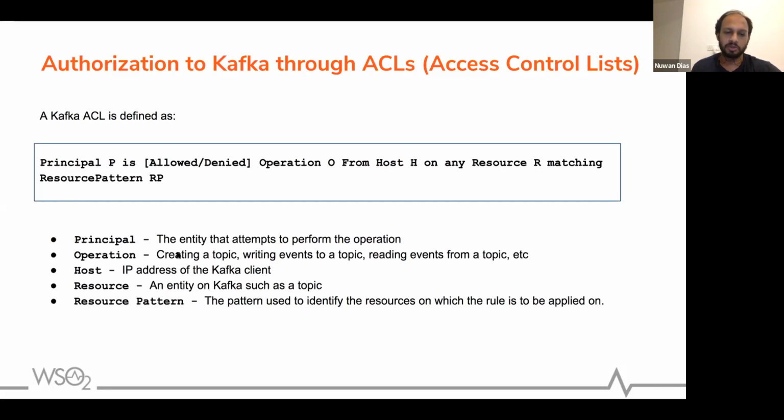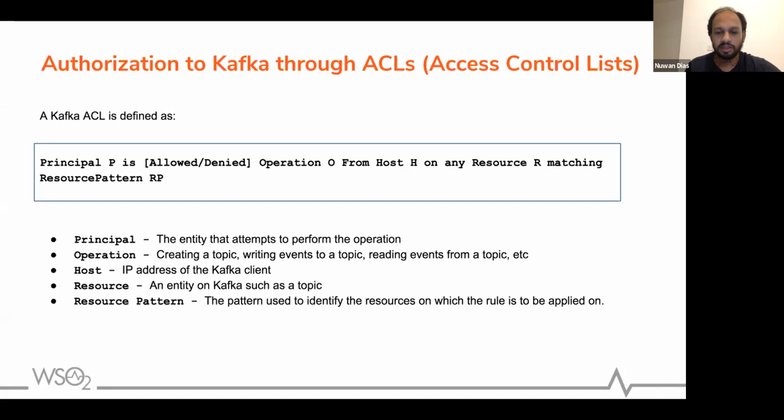An operation could be things like writing events to a topic, creating topics, deleting topics, and so on. The host is basically the IP address of the principal, or of the client, that is trying to perform this operation, and the resource is the entity on which this operation is being performed. In this case, it's a topic called orders.